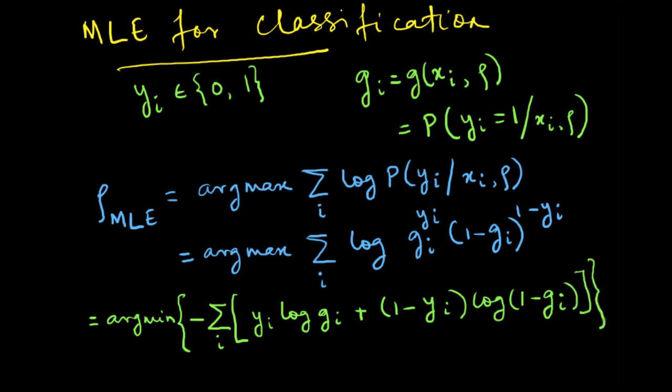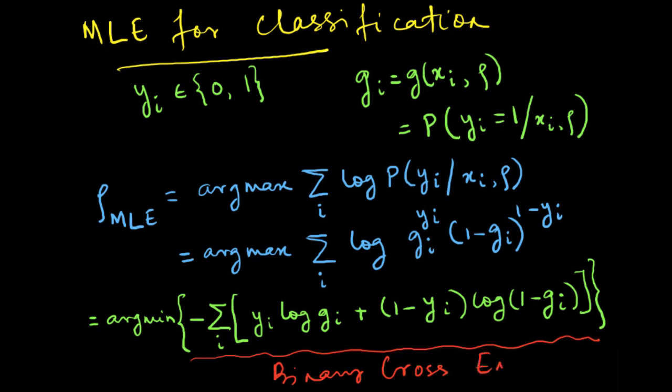So this is what we try to minimize for our classification problem, and this whole quantity is our cost function now, and this is what is called the binary cross entropy.